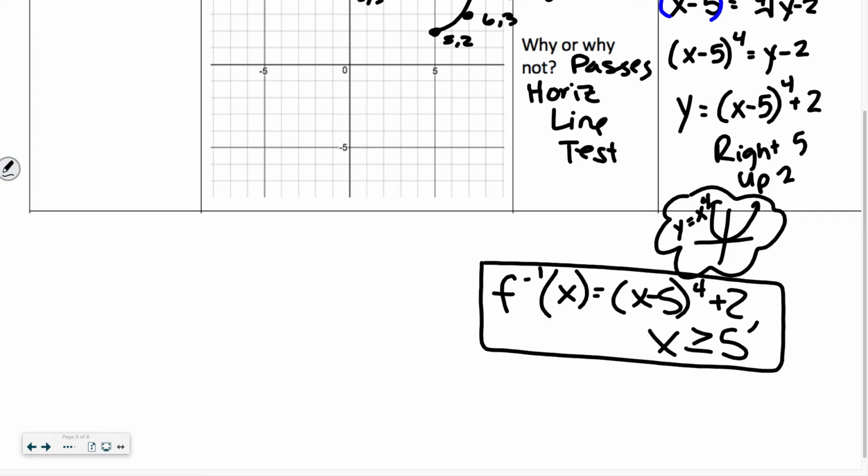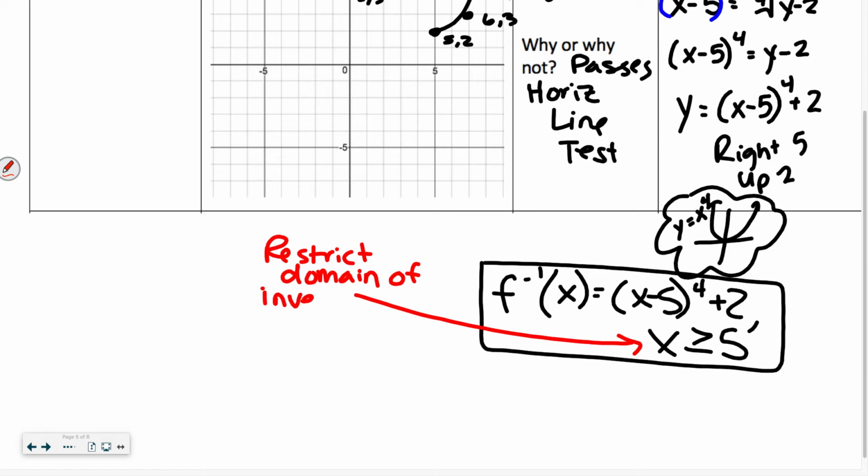So I have to restrict the domain so I get only one arm of the parabola, or the U-shaped graph. I shouldn't say parabola, it's not a parabola.